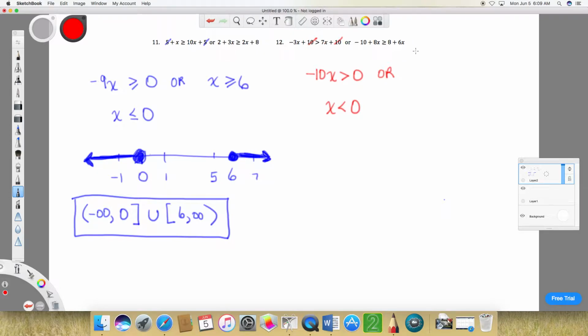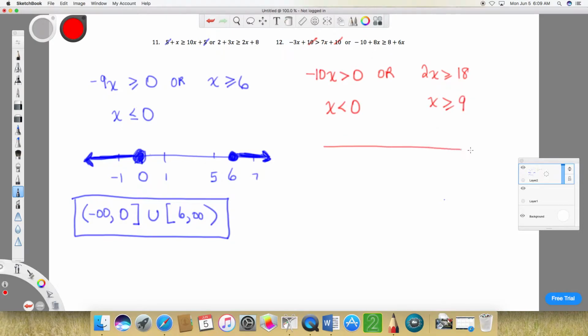Let's take 6x away from each side. That'll give me 2x is greater than or equal to. And let's add 10 to both sides. So the negative 10 will cancel, and 8 plus 10 is 18. If I divide each of these by 2, then I have that x is greater than or equal to 9.